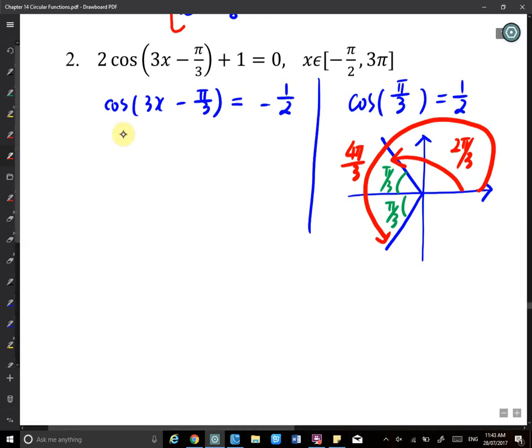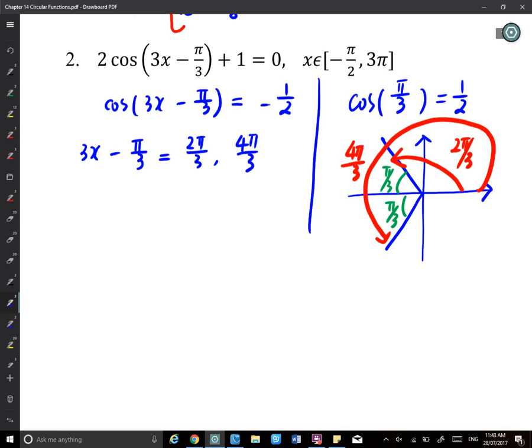So I know that 3x minus pi on 3 is 2 pi on 3 and 4 pi on 3, because cosine of 2 pi on 3 will be negative a half, and 4 pi on 3 will be negative a half as well.